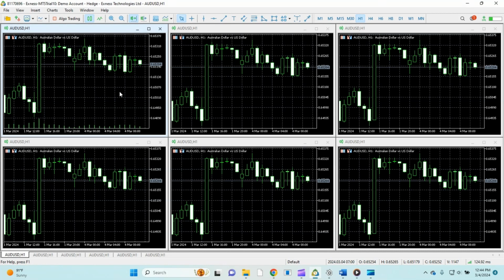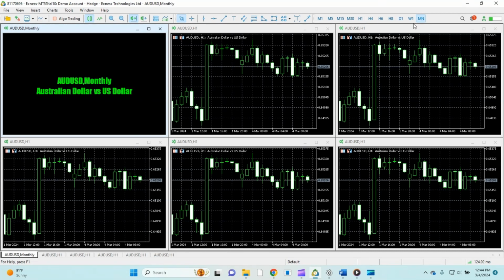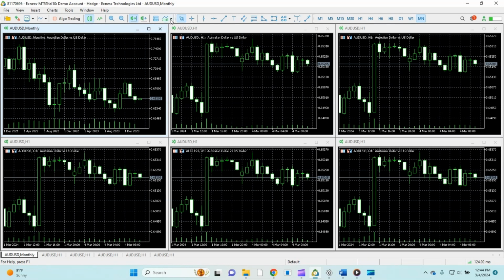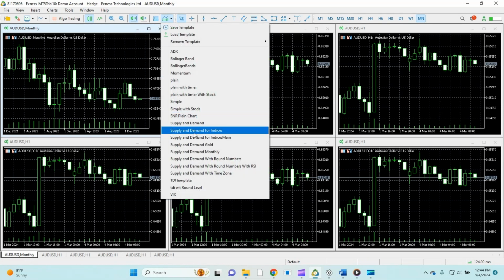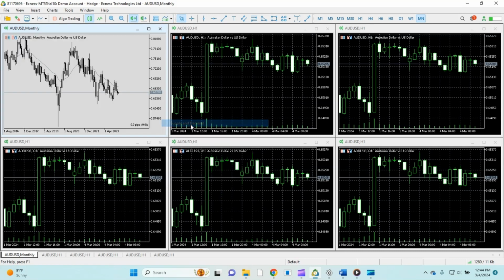When I open it, I normally start with the monthly. And I have a template that makes things easier for me.